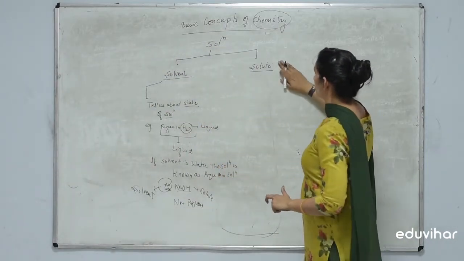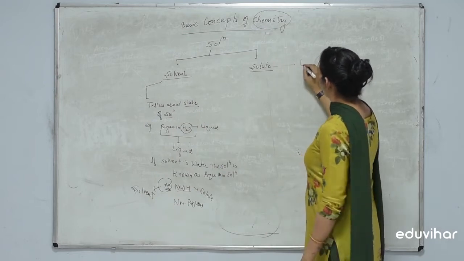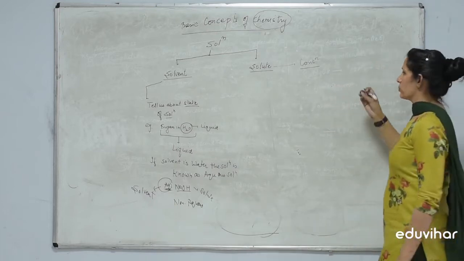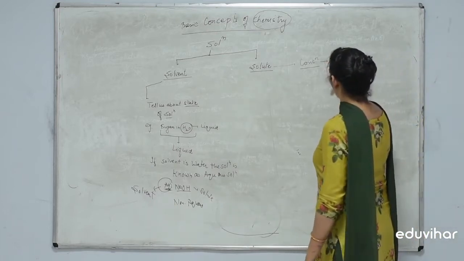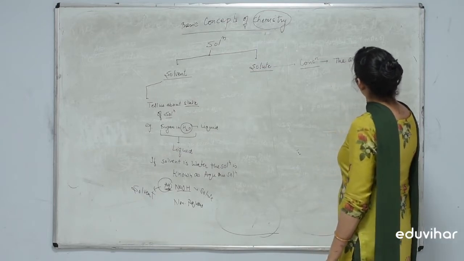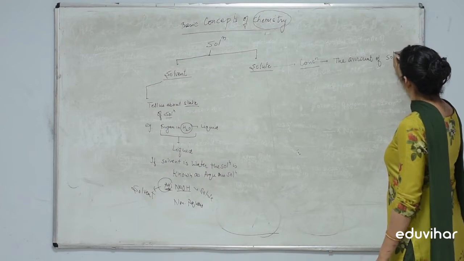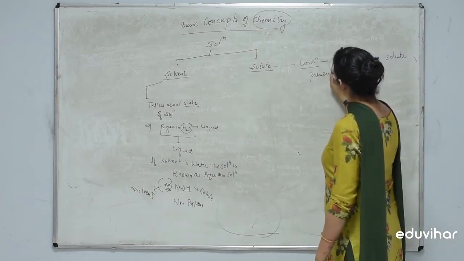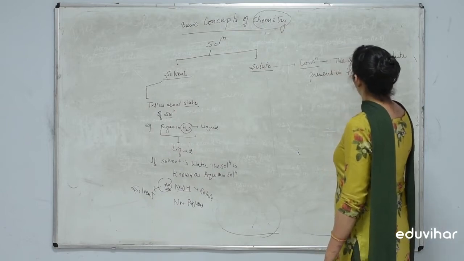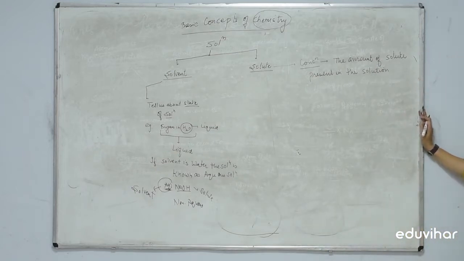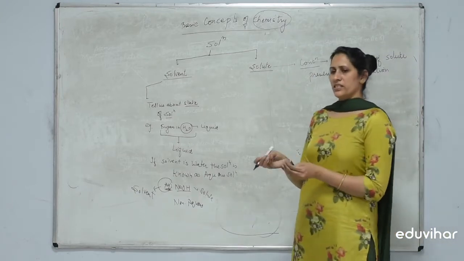What tells us about solute? Solute tells us about the concentration. What is concentration? Concentration is the amount of solute present in the solution, meaning how much amount is present in the solution.